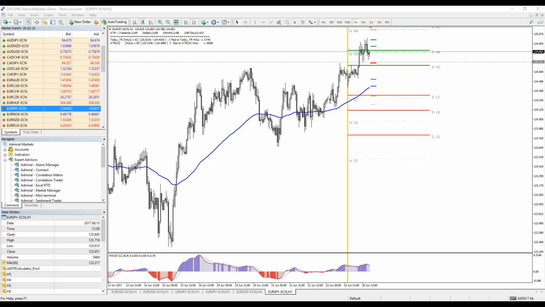This is the bottom here. Now, inside that range, there is also a mini range here. So the price on this instrument is really ranging. And to me, this is not much about positional trading. It's more like scalping.